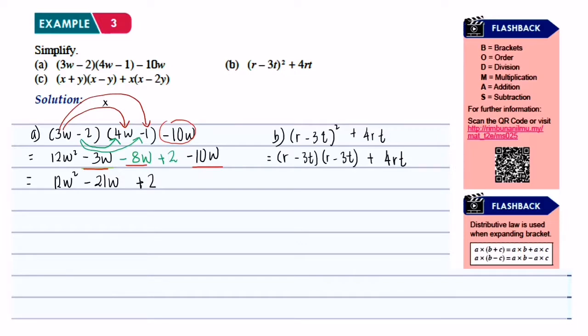We start with r times r. So equals r squared. r also times negative 3t equals negative 3rt.